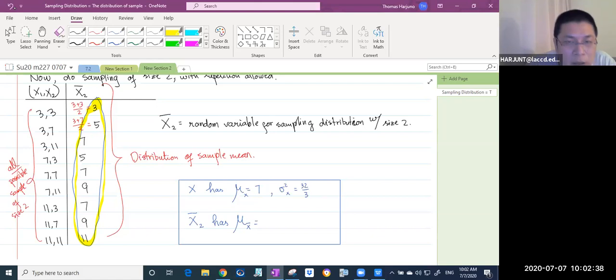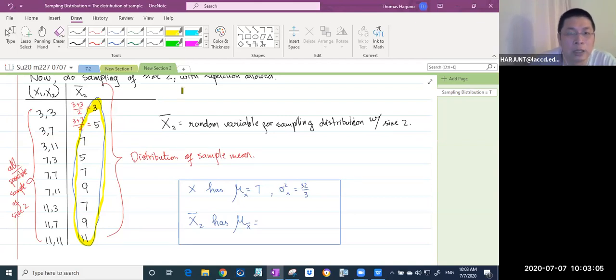The word mean is a word in English that has 3 significantly different meanings: the mean in terms of average, the mean in terms of what do you mean, and the mean in terms of you are so mean. So Thomas, what do you mean by the mean of sample mean?